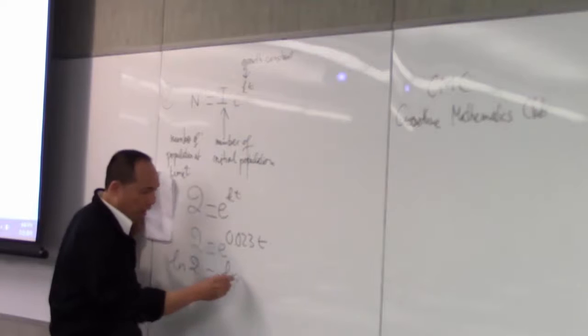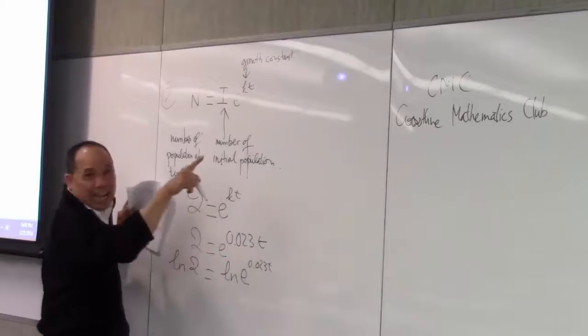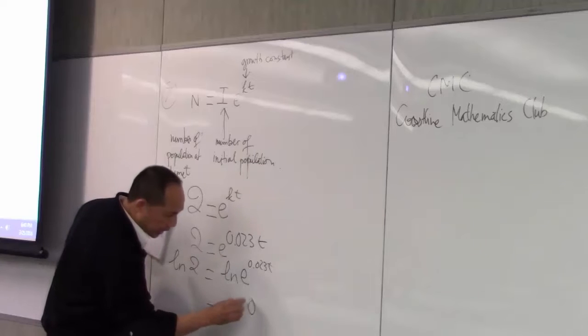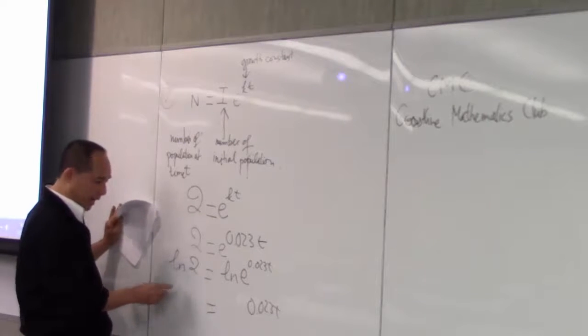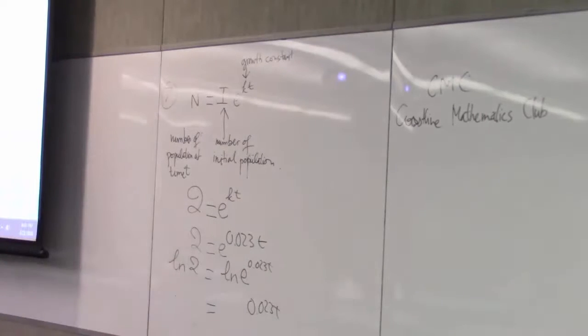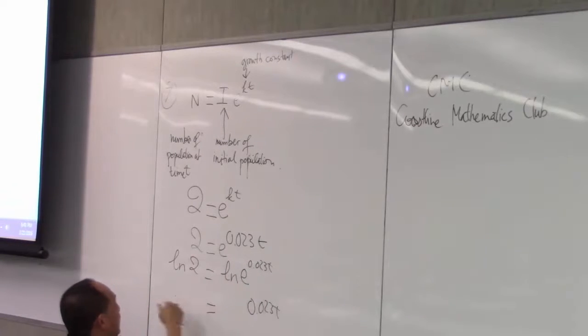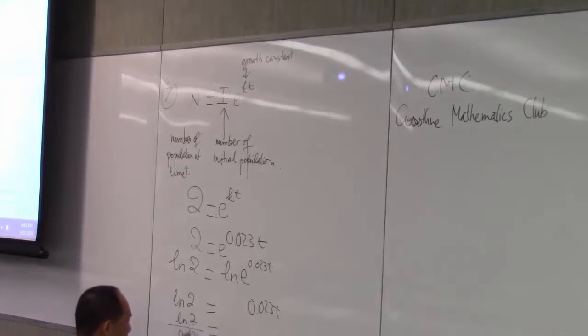If you take the natural log, you see that the natural log kills the exponential, so it becomes only 0.023t equals the natural log of 2. So t is the natural log of 2 divided by 0.023, and that is the number of years.